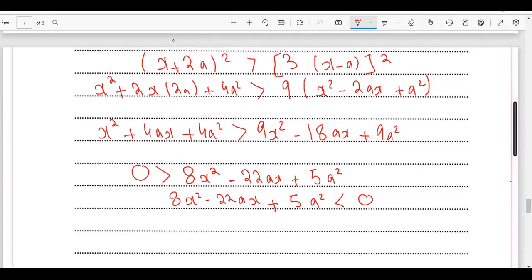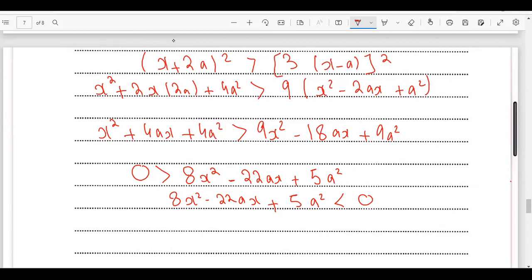Now, can you find the values of x by middle term breaking? So the two factors could be 5/2 and 1/4.